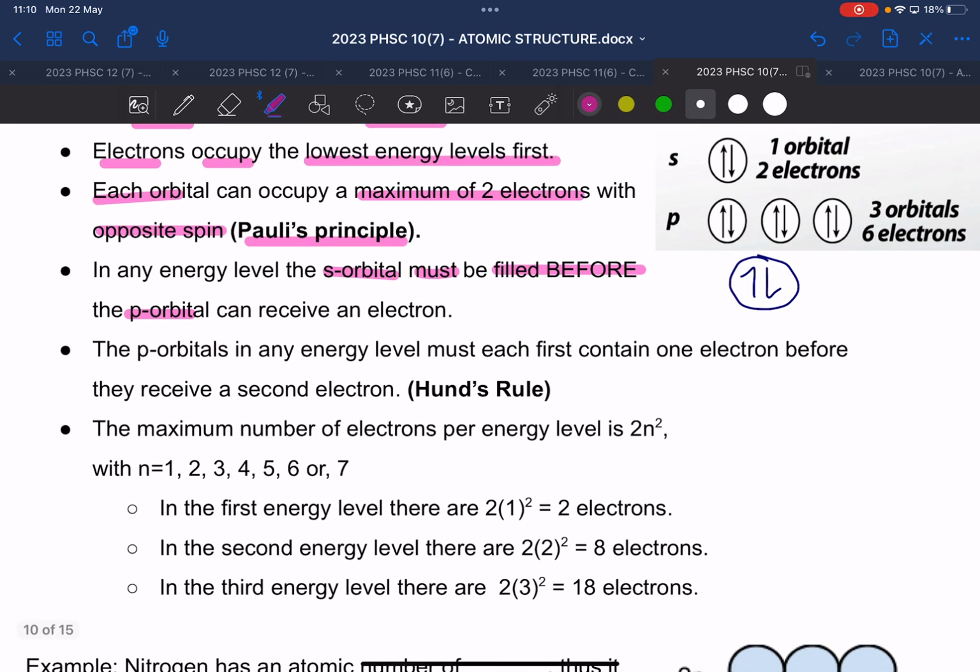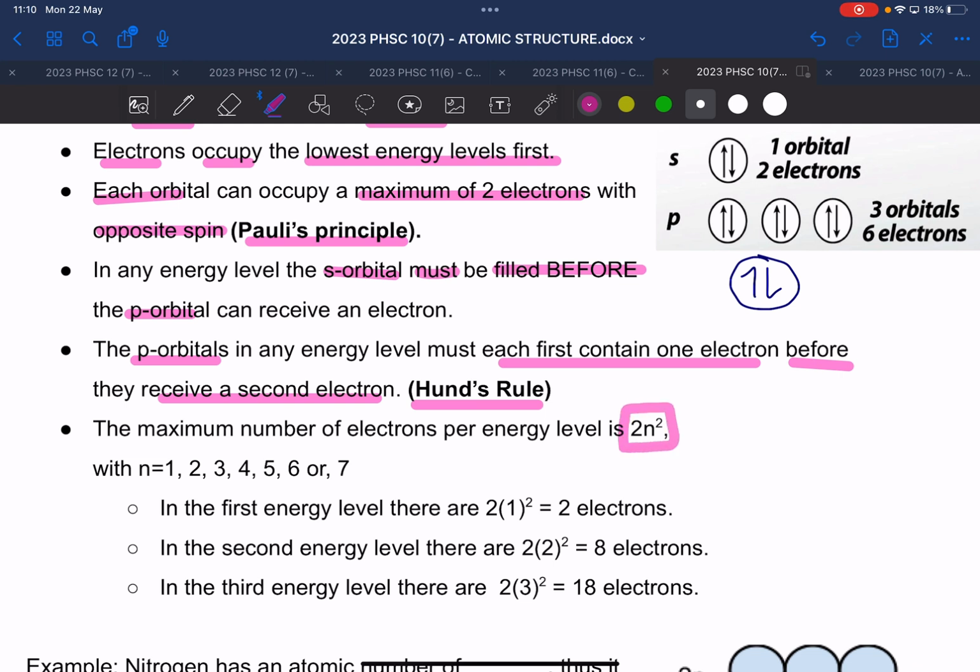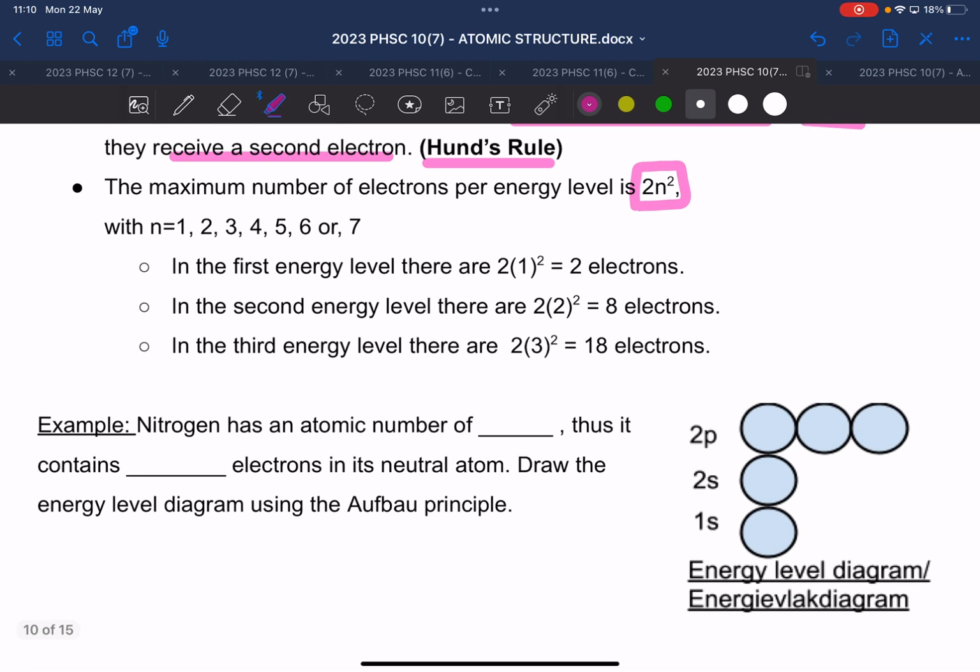Then Hund's rule says the following: p orbitals in any energy level must each have 1 electron before they can receive a second electron. I'll show that to you in a moment. And then the maximum number of electrons in any energy level is 2n squared. But we will get to that in a moment.